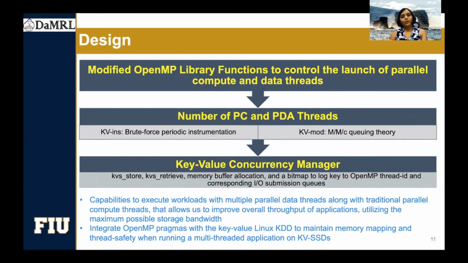Then in parallel, we also keep track of application throughput as well as memory utilization. So we keep increasing the number of parallel data threads launched by each parallel compute thread until either the memory utilization saturates or we see a drop in throughput upon further increasing parallel data threads. So it's a runtime process, and we figure out the number of parallel compute threads and parallel data threads, configure that in the system, and run the workload with that.